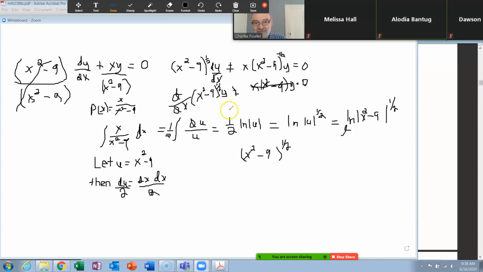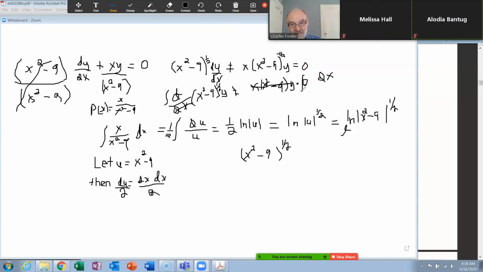So what we have is that this thing is equal to 0. And then you do your dx on this side over here. In other words, write it in differential form, and you integrate both sides. Sorry, okay.